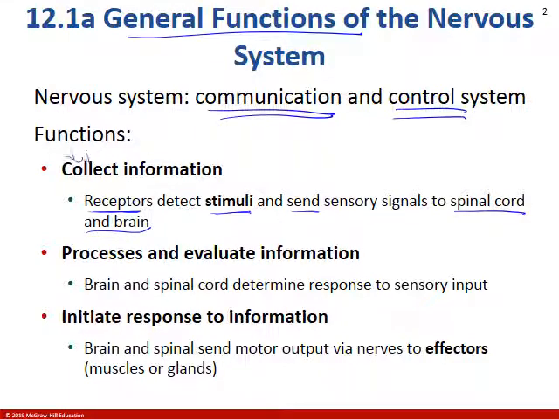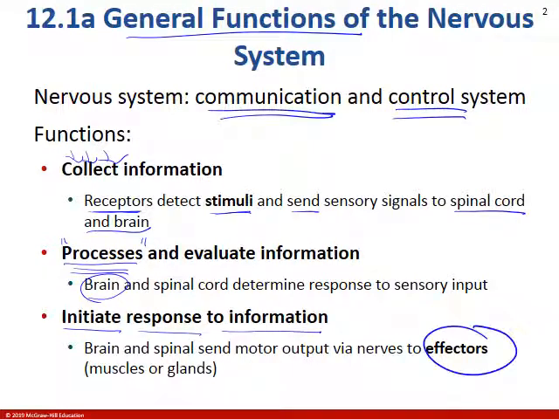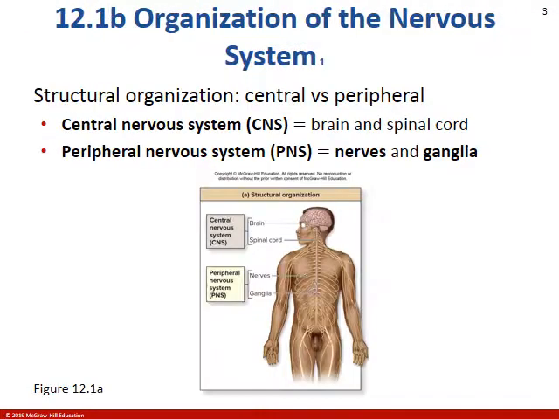So your brain is collecting information, and the brain is part of the nervous system. And then your brain is processing that information and deciding what to do. So remember we said stimulus, receptor, control center was your brain, and then your brain sent out a message and that went to the effector, right? So the processing part is the brain. And then we have initiate, response to information. So this would be the same thing as effectors that we talked about earlier.